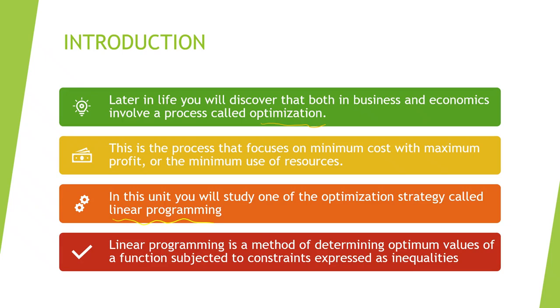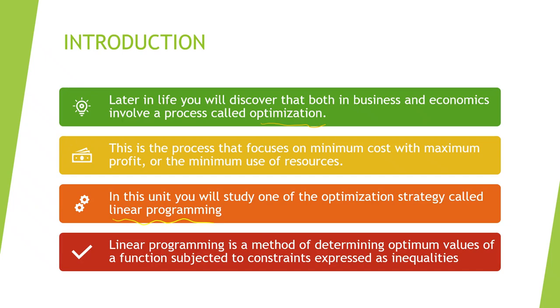So linear programming will help you determine what you should put in a process, what you should put in your business, what you should put in your studies, with the intention of achieving more with the less time you have, with the less resources you have, with the less energy you have. So linear programming is very important in our day-to-day lives. Whenever you are living, you have to think of, what can I do with the situation I have, with the intention of achieving more results?